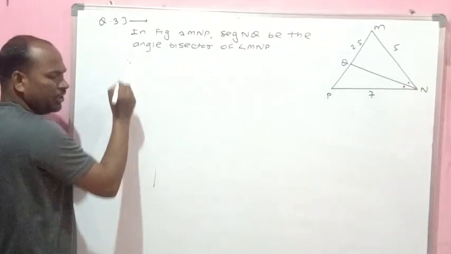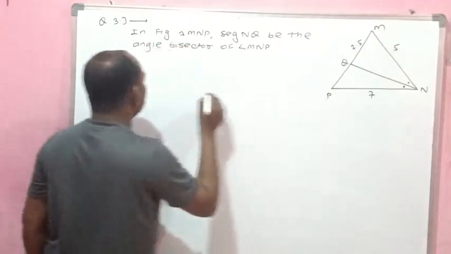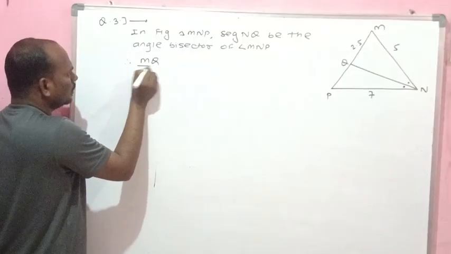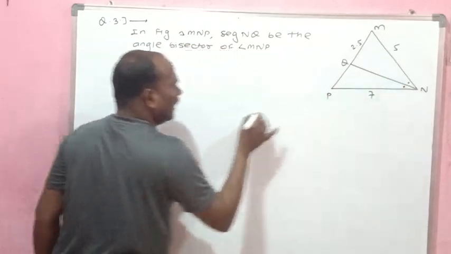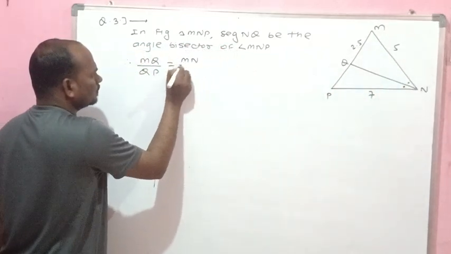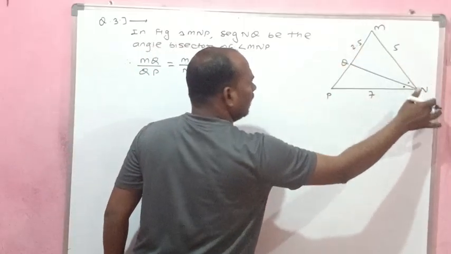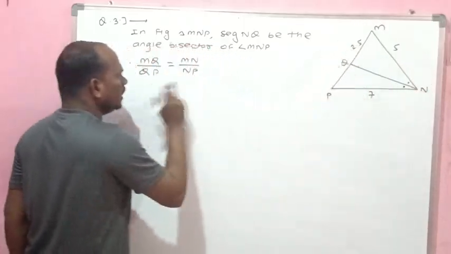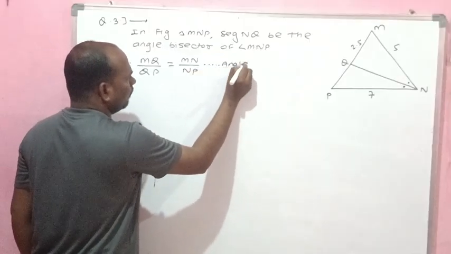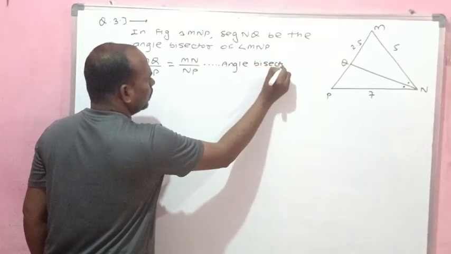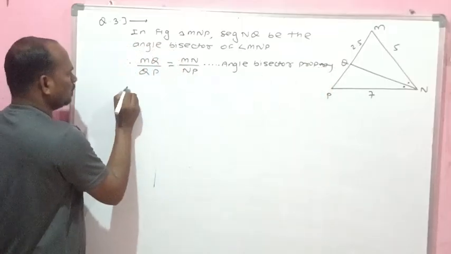Now we can use the formula for angle bisector, MQ divided by QP, therefore another is MN divided by NP. Now this is angle bisector property.